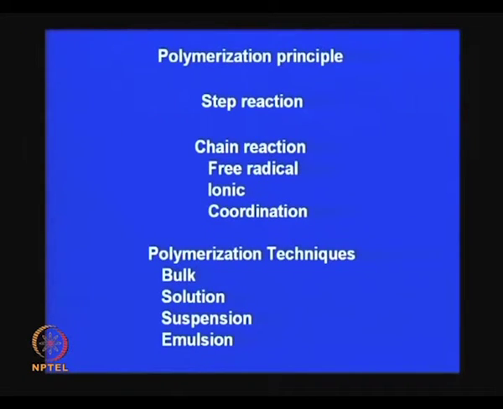So, leading to polyester or polyamide, and I mentioned that this occurs in steps, meaning first of all one diol reacts with a diacid to form an intermediate. Okay. That intermediate will react with either one diol molecule or one diacid molecule or both.